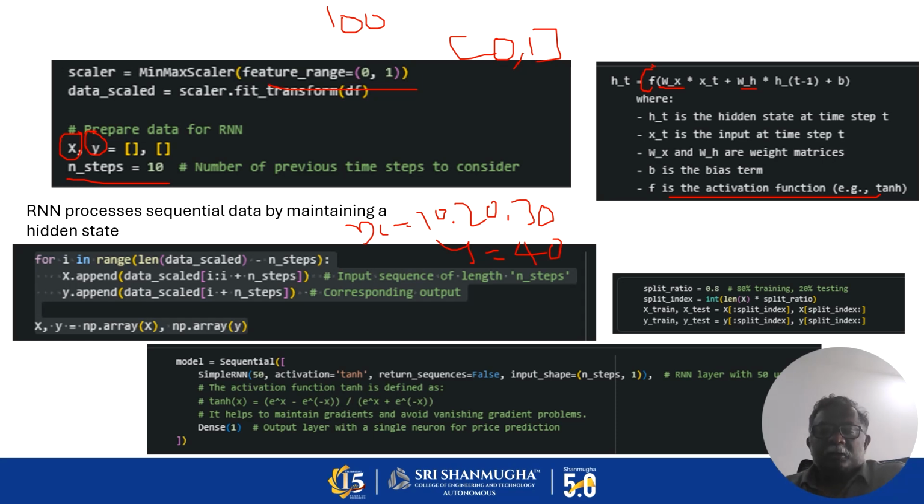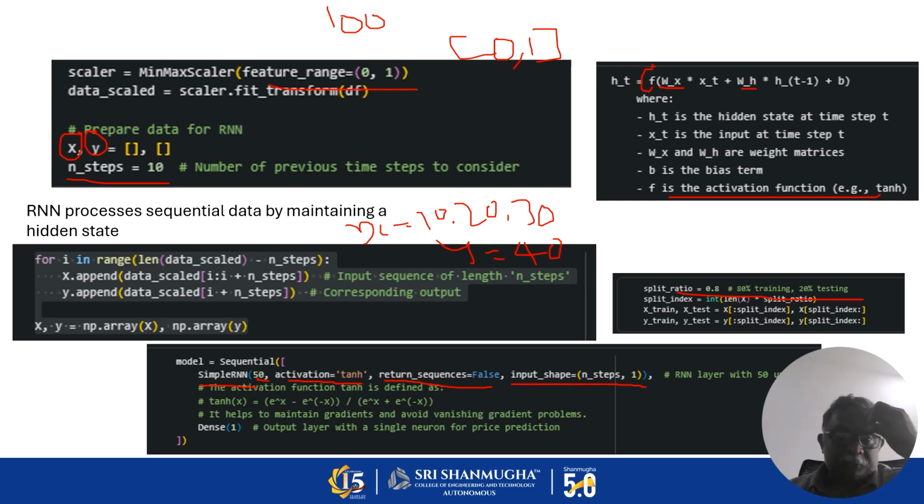For the data, we are going to split 80-20 as we do in most cases. For the model, we use SimpleRNN with 50 neurons, the activation function is tanh, return_sequences is False, and the input shape is number of steps, 1.